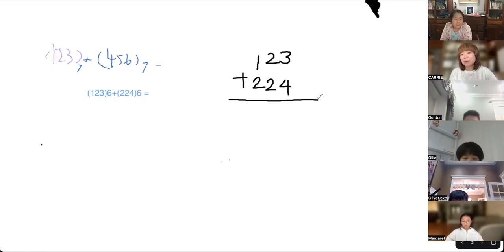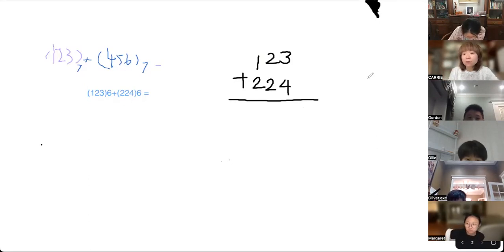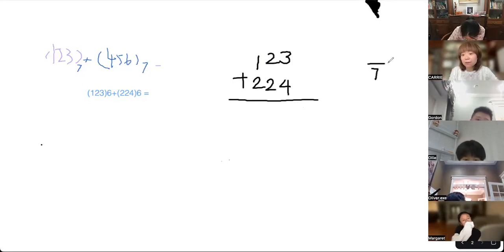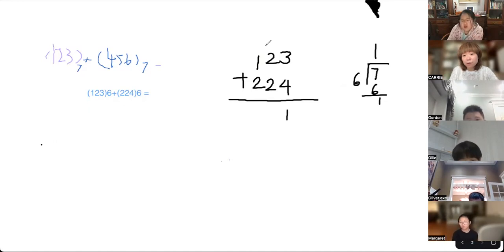Because that's a base 6, right, everybody? So Gordon, 3 plus 4 equals what? Equals 7. So immediately there's a thing popping up saying there's no 7 existing, right? So 7 divided by 6 equals 1 and the remainder 1. Correct? So 1 and carry over 1.